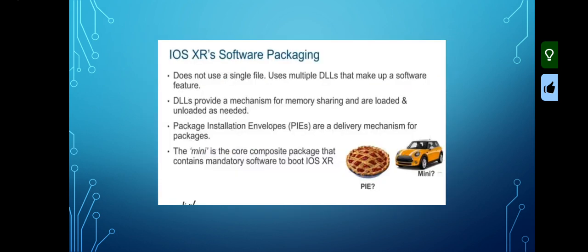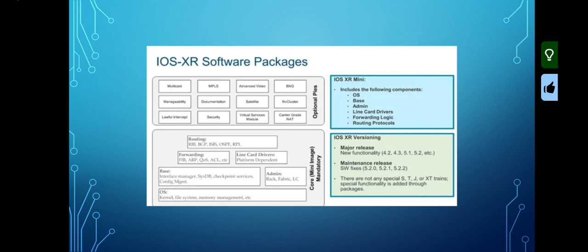In IOS XR, software packaging does not use a single file. It has a library which takes care of memory management, how the memory is going to get shared, or loaded and unloaded as needed. Package installation envelopes, PIE, are the delivery mechanism for packages. The Mini is the core composite package that contains the mandatory software to boot IOS XR. So when you talk about the software package, you've got the mandatory one and the optional one.